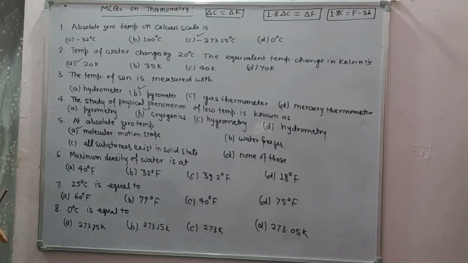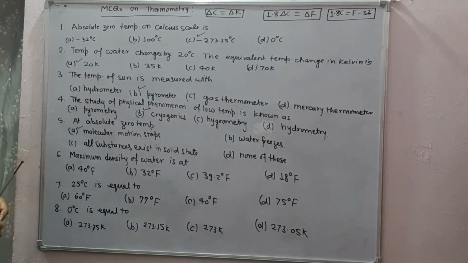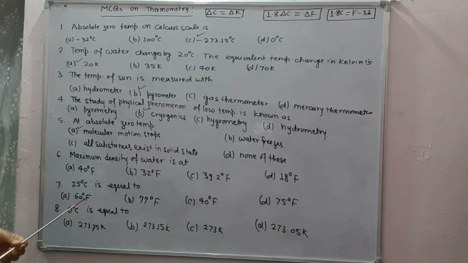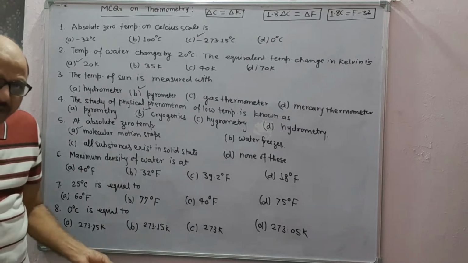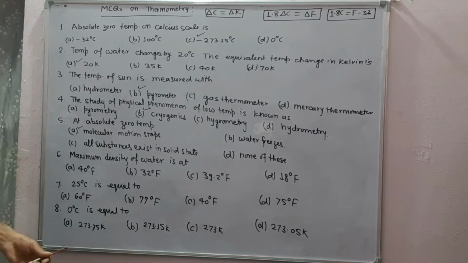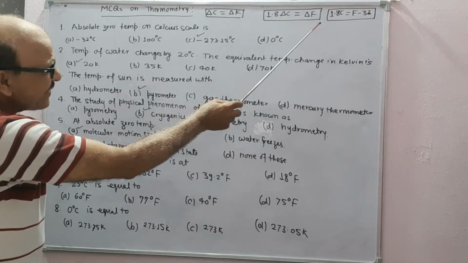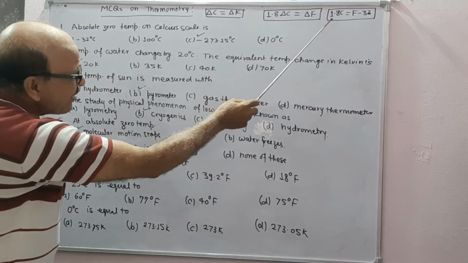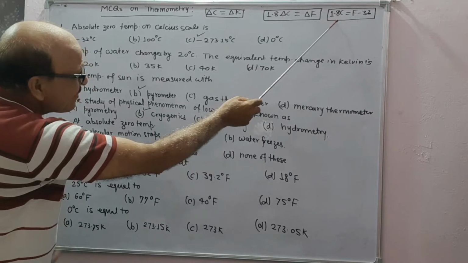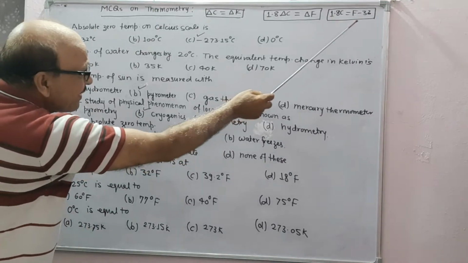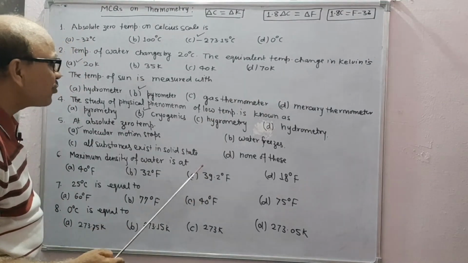Next, maximum density of water is at, options are these, and as you know, maximum density of water is at 4 degrees Celsius, and with the help of this relation, if you convert here 4 degree into 1.8 becomes 7.2 degree, plus 32 becomes 39.2 degree.